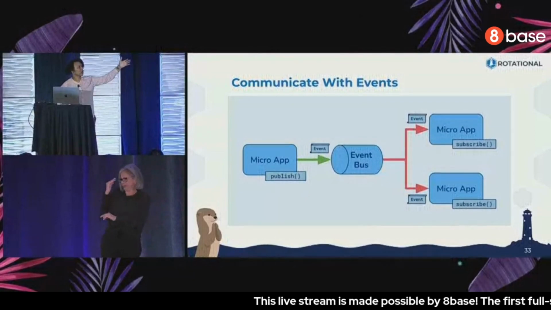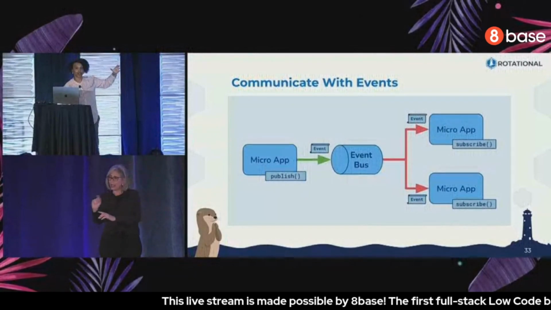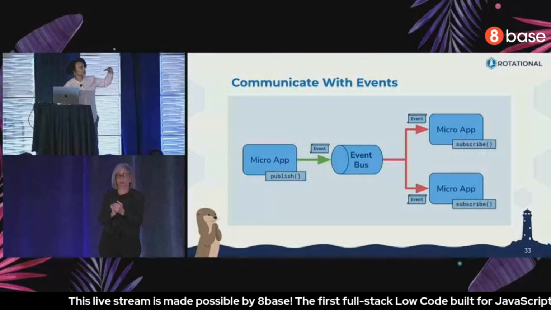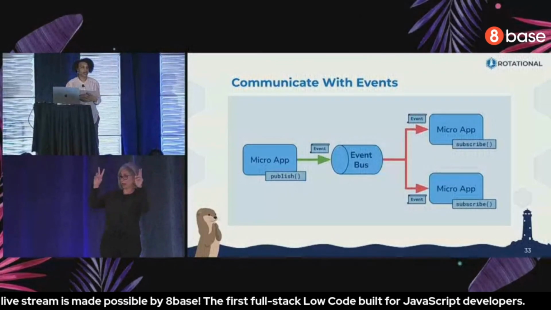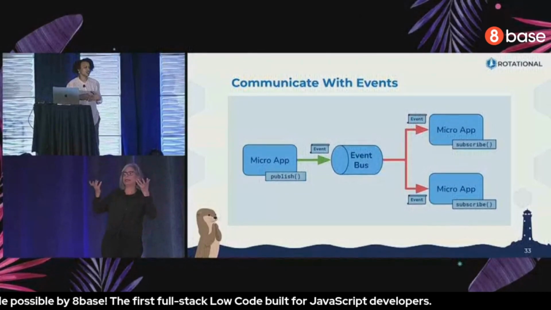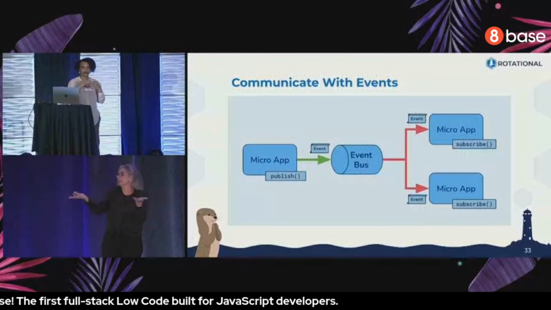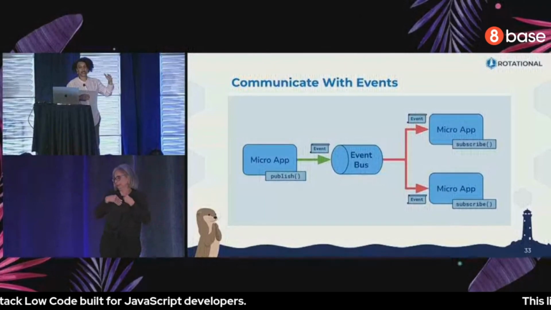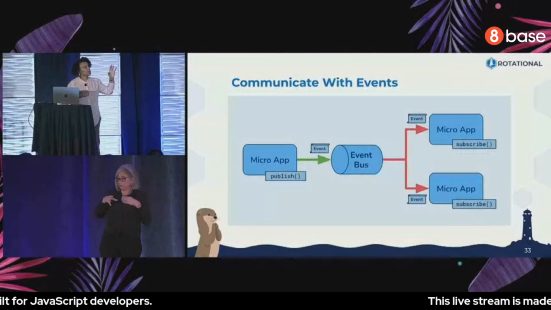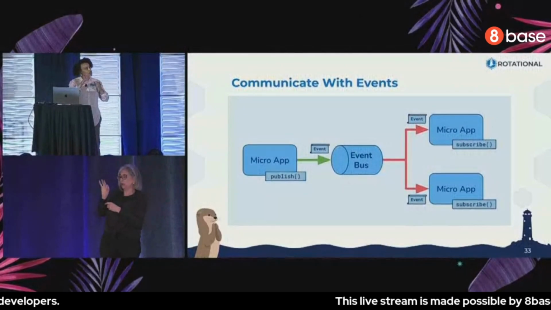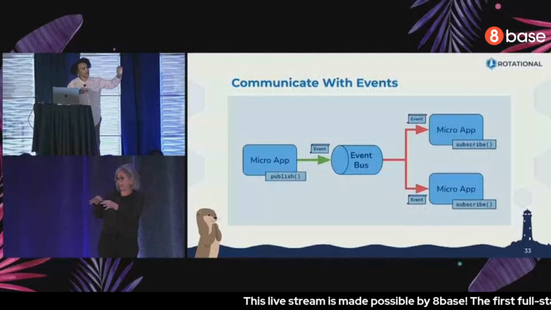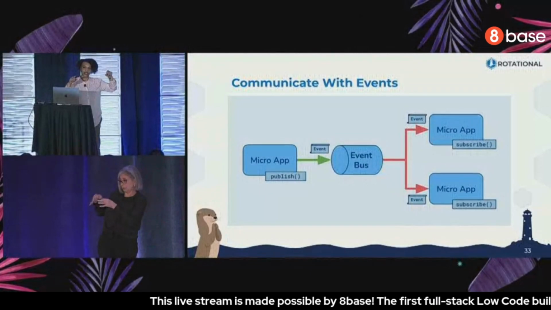As you can see here, we have one app that is a publisher, and you can create a topic, maybe the topic is payment received. Every time a payment is received, that micro app could then send a message to the other apps to let them know, hey, payment is received.